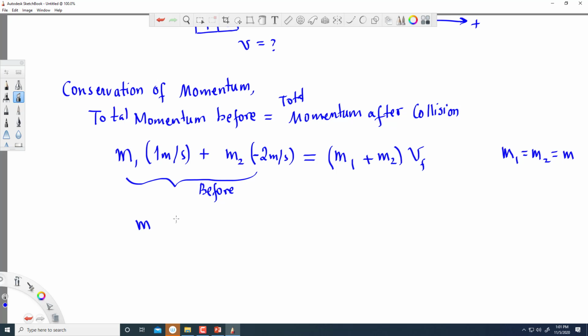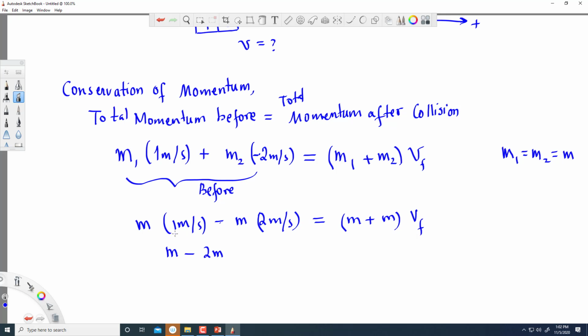We have 1 meter per second plus, or actually this minus will come in front, minus m2, which is m, same mass, times 2 meters per second. Okay, so this is m and that's also m because both have the same mass m, and v final. So m times 1 is m, m times 2 is 2m.